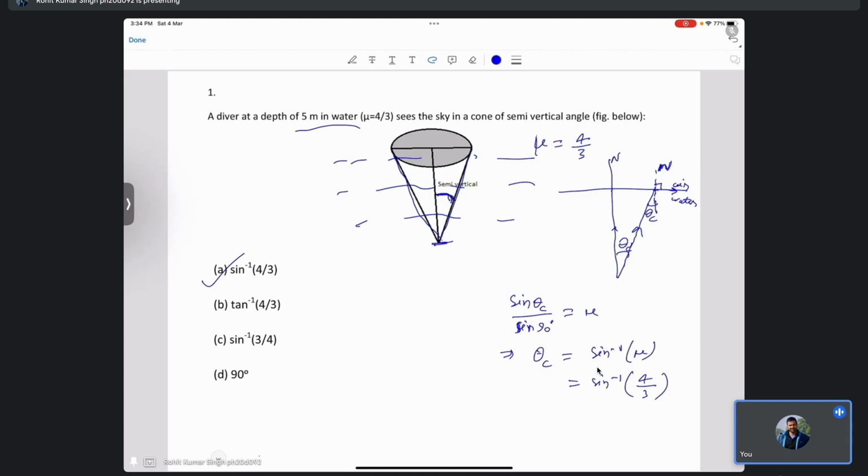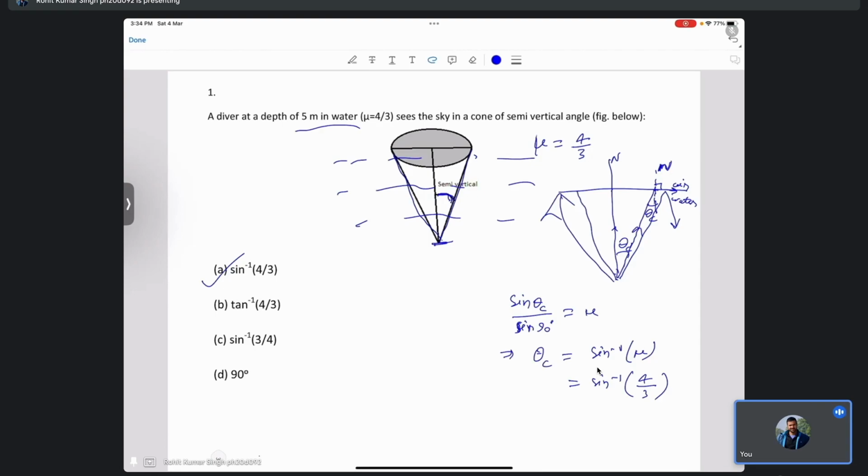So any question? This question looks complicated, but if you think about it, it's very simple. It's just the concept of total internal reflection. Because light is going from a denser medium to a rarer medium, there is a limit up to which you can see. After that, all the light will get totally internally reflected, right? That will happen in all the directions.